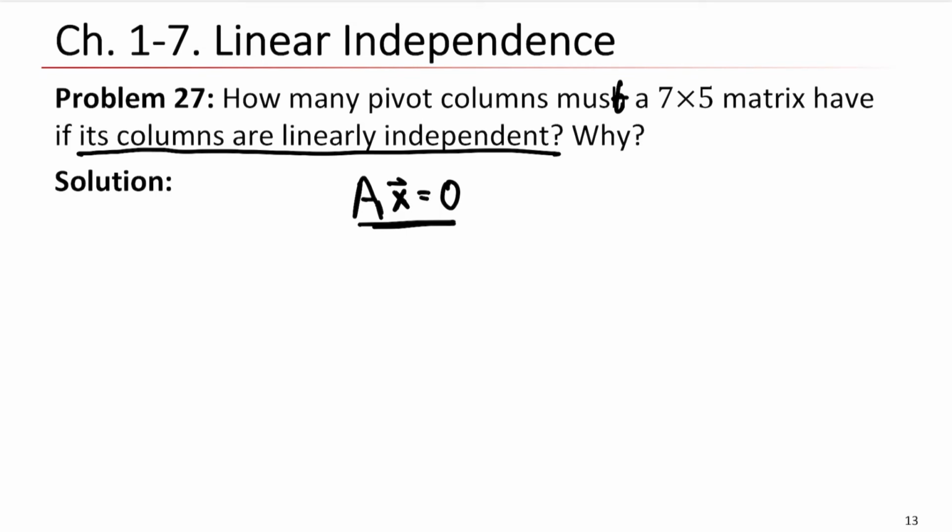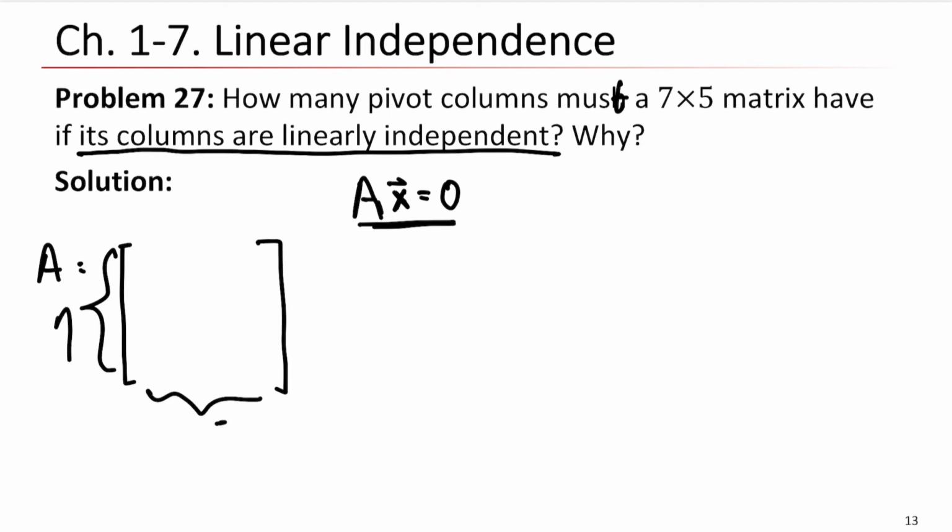So what does it mean? Okay, let's say there is a matrix A, with number of rows 7 and number of columns 5, right? There are 5 variables, right?